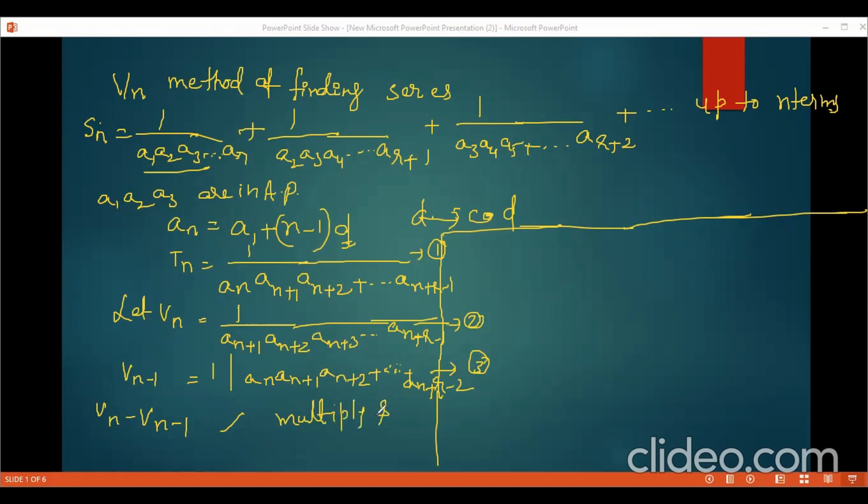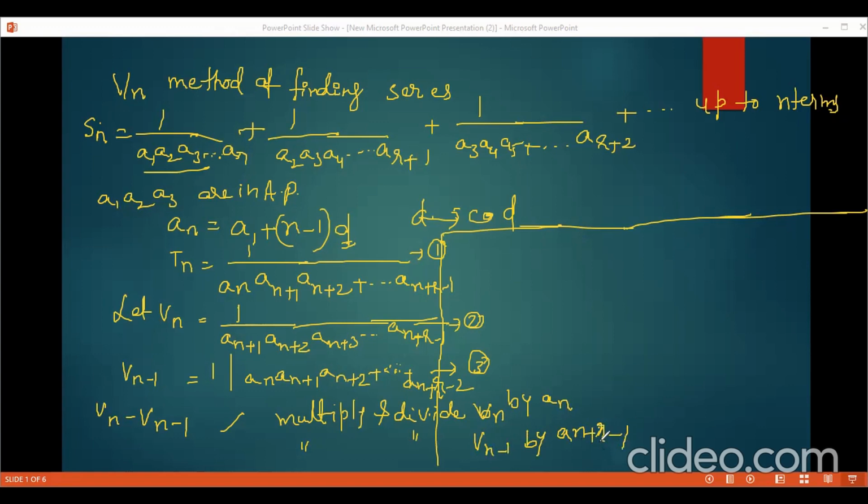Next, after that, you multiply and divide by Vn by An, and the same way multiply and divide Vn minus 1 by An plus r minus 1.